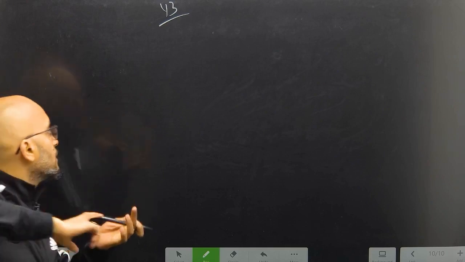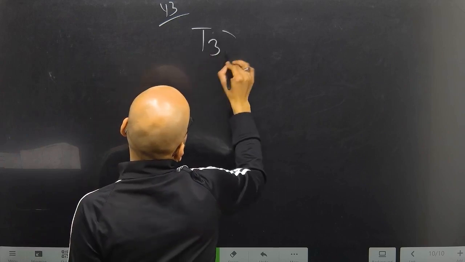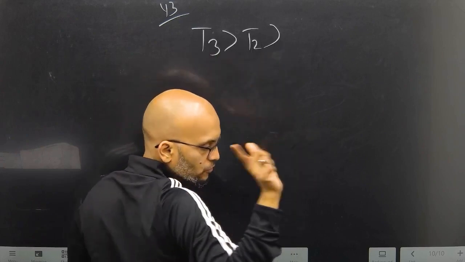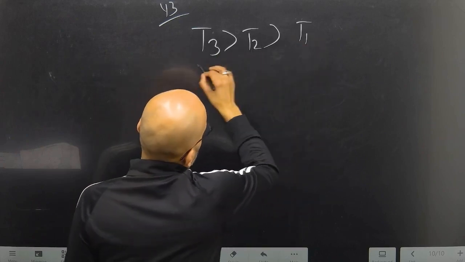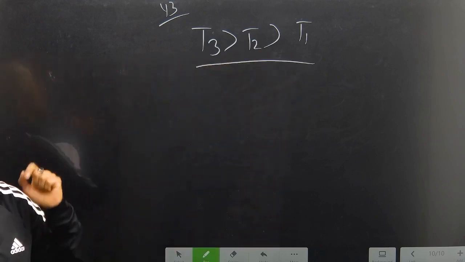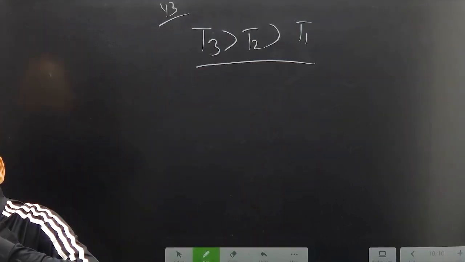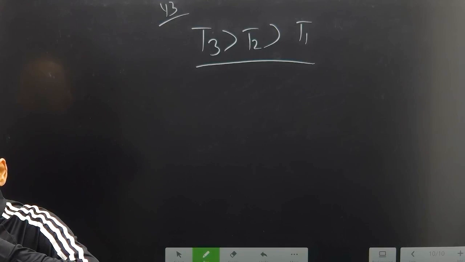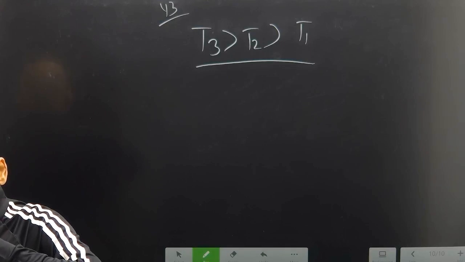These three curves correspond to three temperatures T1, T2 and T3, and from our earlier readings we know that T3 will be greater than T2 will be greater than T1. We have done a question like this one, so from there we can directly say. U1, U2, U3 are the changes in the internal energy.